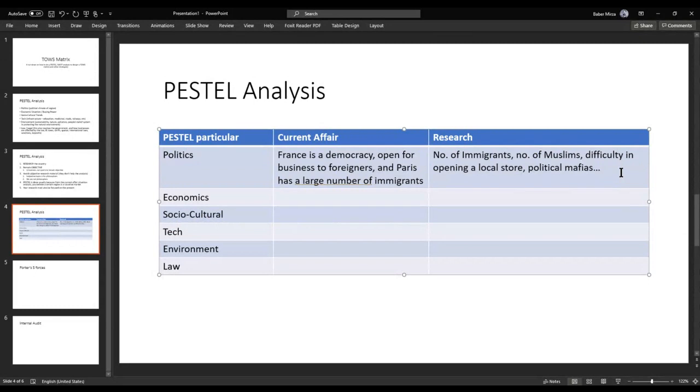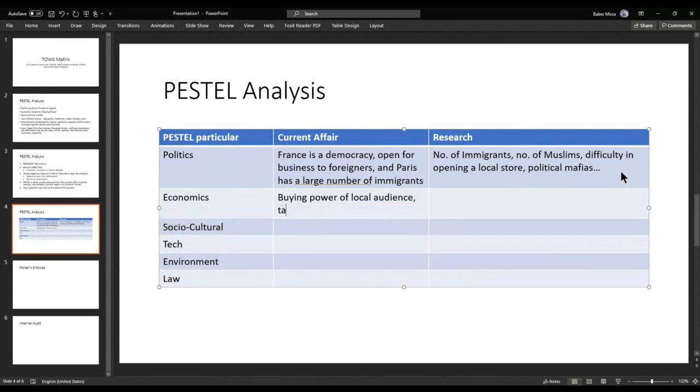Let's come to the economics part: the buying power of people, local audience, taxes, any sort of tariffs.